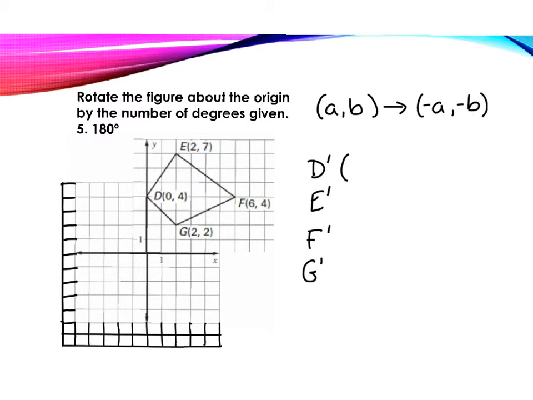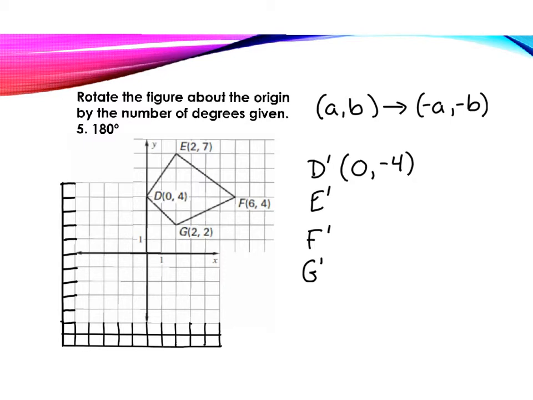Now D, our point (0, 4), becomes, well, negative 0 is still 0, and then negative 4. Just to let you know, any value that is negative, if you're putting another negative on it, they cancel each other out, and negative negative B becomes positive B. We don't have that in this case though.